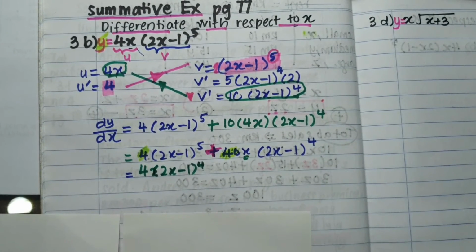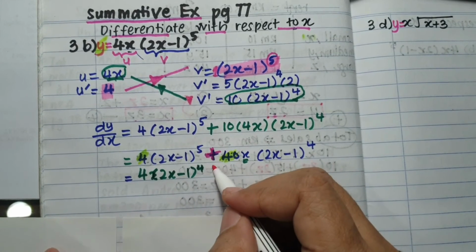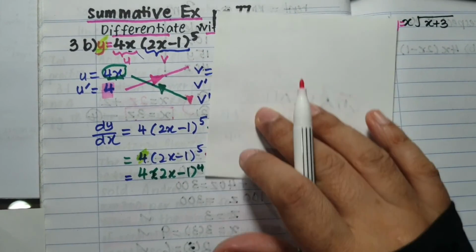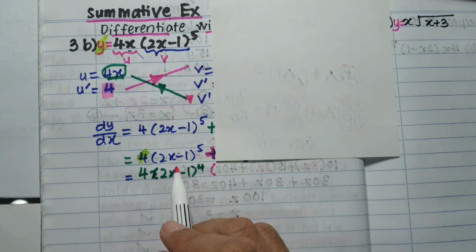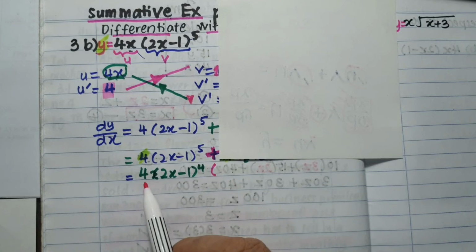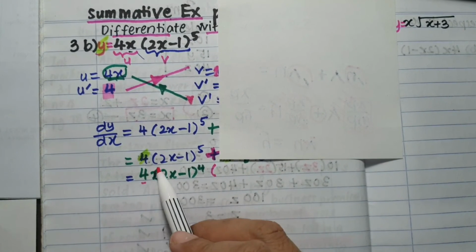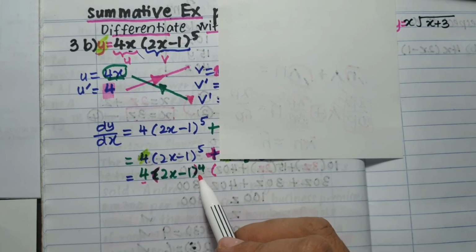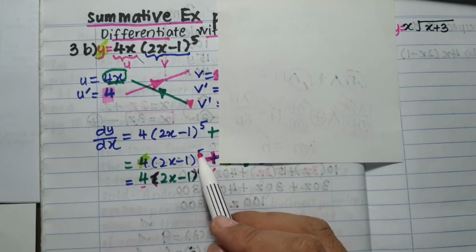Next, for the factorization, don't look at the outside anymore; look at this side, one by one. This one you have 4 already here. And this bracket is power 5, but this one is power 4. How to make it power 5?